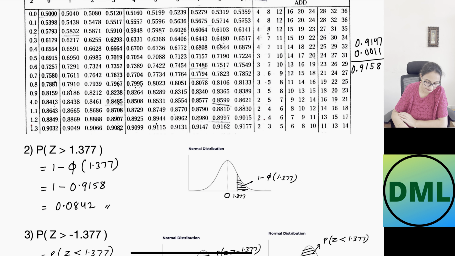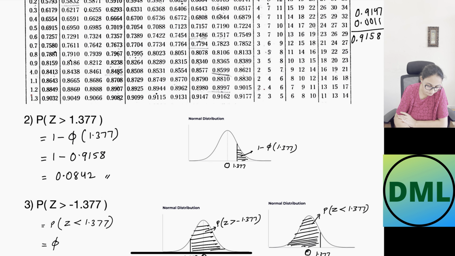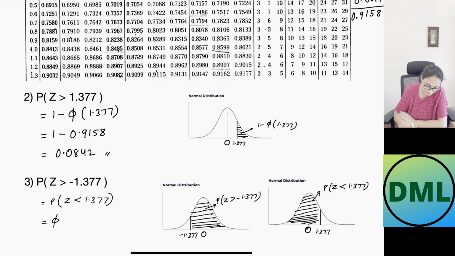Let's see the third part here. Probability of z greater than minus 1.377. I am talking about a negative value right now and greater than. Let's see the graph here. If this is the graph, the negative value will lie somewhere here, negative 1.377. I am talking about the greater than part.